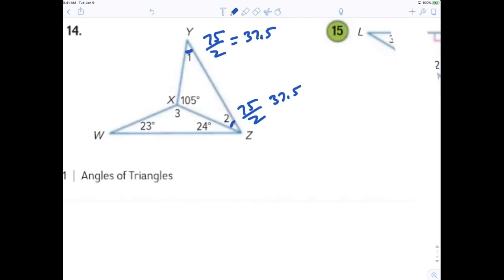So now, how do I figure out what angle 3 is? I don't want the answer. I want you to tell me how to get the answer. All right, Virginia, thank you for volunteering. What did you do?